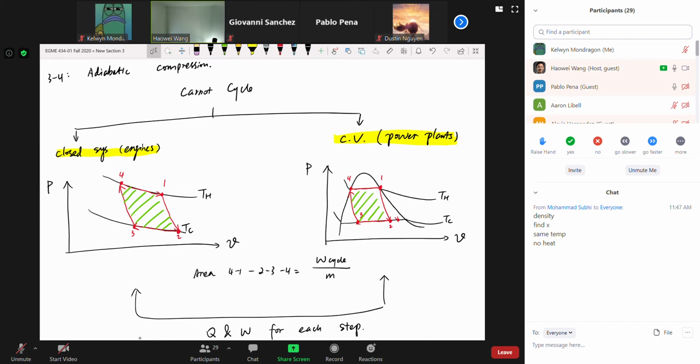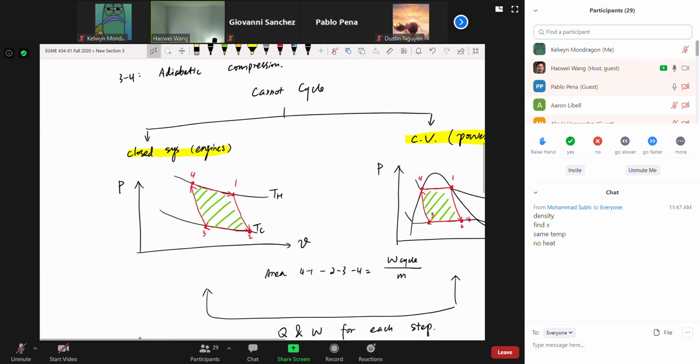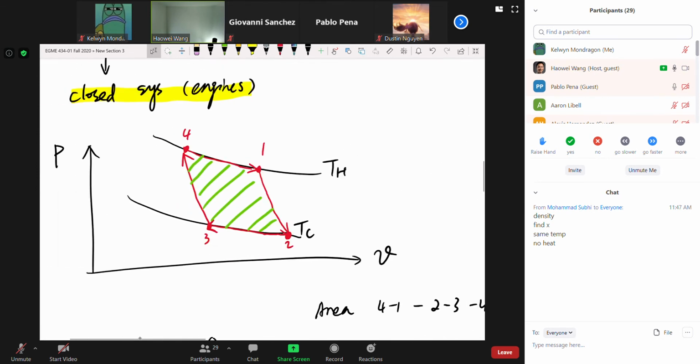On the left, for the engine, it's Carnot cycle applied to a closed system. On the right-hand side, it is also Carnot cycle, but applied to power plants, where every single step is a control volume, not closed. Okay, so let's do the first one, engine first.